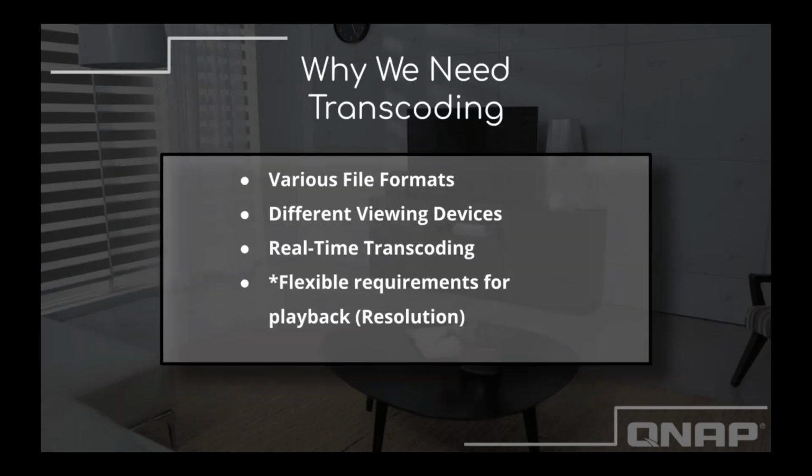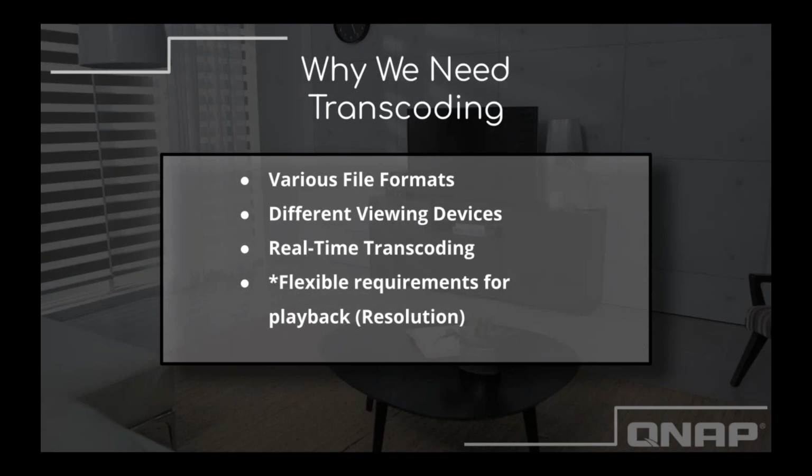So why do we need transcoding? Transcoding is basically made up of two parts, decoding and encoding. We do this when using Plex to make the playing of our media more flexible. Files such as MKV files may not be playable on certain devices. You may have your media files formatted in ways that a particular device may not be able to play back.